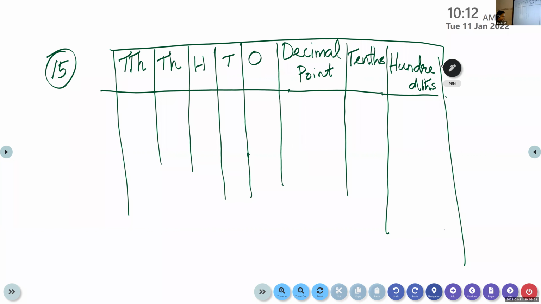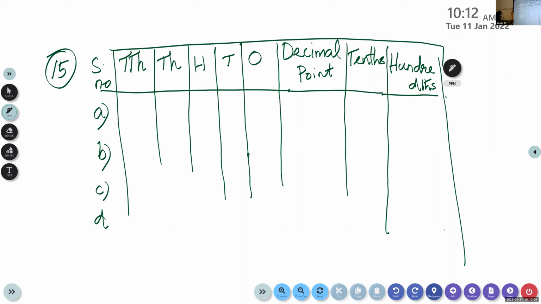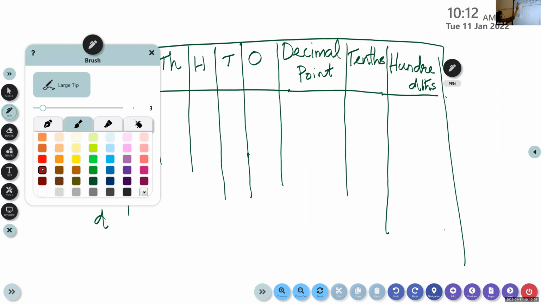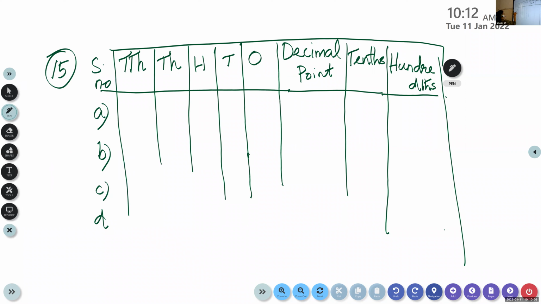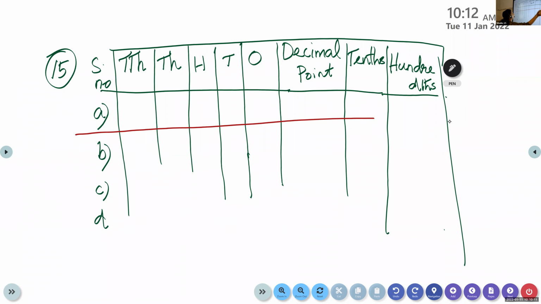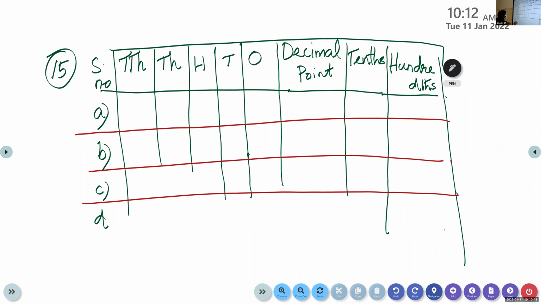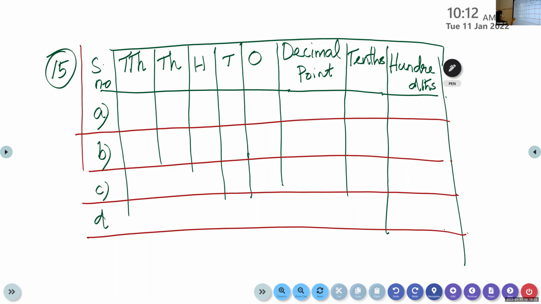Okay. So children, here we can write the serial number, because we have 4 questions: A, B, C, and D. All the questions we have to write in the single place value chart, so draw accordingly.